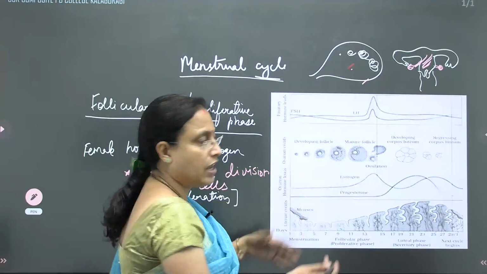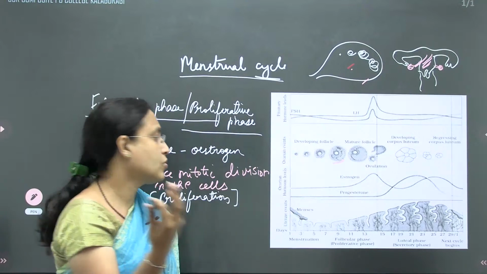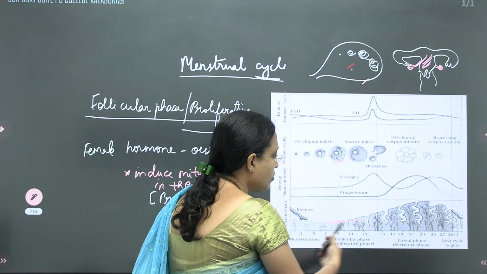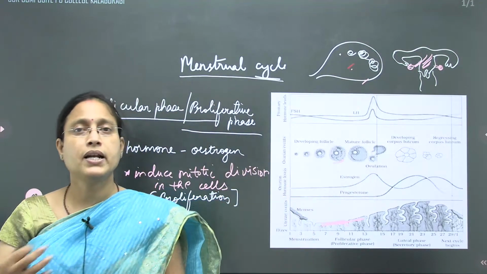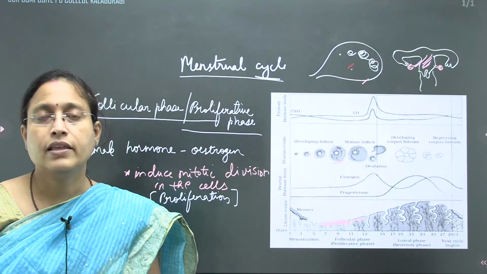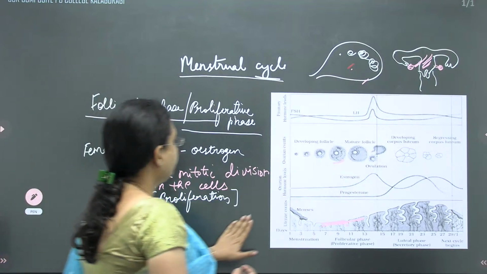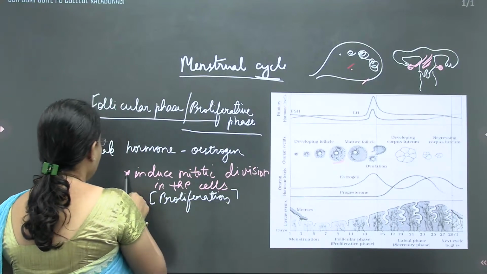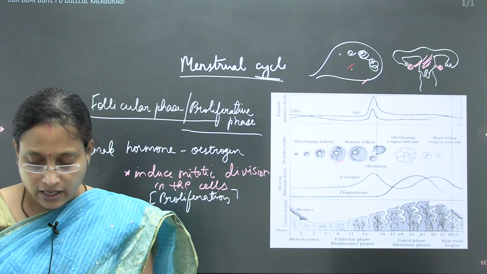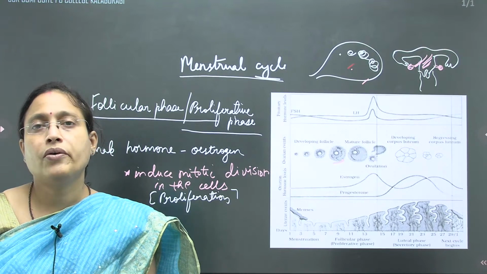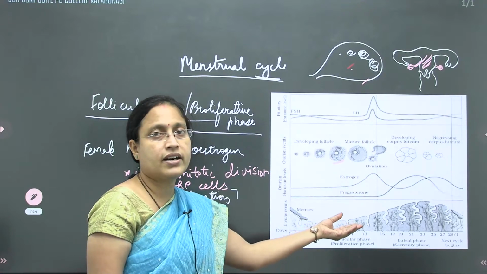In which cells? In follicular cells, which rapidly divide and multiple layers are formed due to estrogen. And the cells in the uterus, the cells present in the endometrium, also divide rapidly; they proliferate. Understand? That proliferative function is due to estrogen. Then the second function: when the cells divide, the broken endometrium will regenerate and repair.